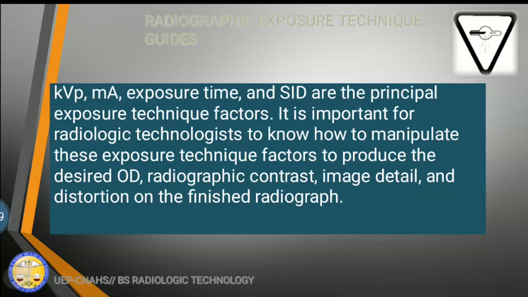As I've been telling you, your radiographic image, your X-ray film, is your identity in our profession. If the optical density is good, the contrast and the detail are good, and there is no distortion in the image, people might say, or your co-workers might say, that you are a good radiologic technologist.